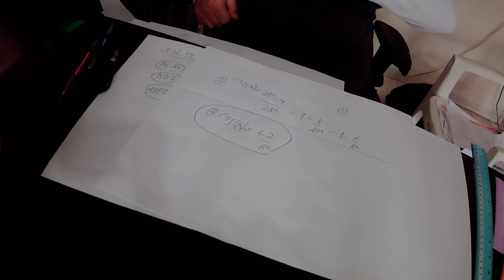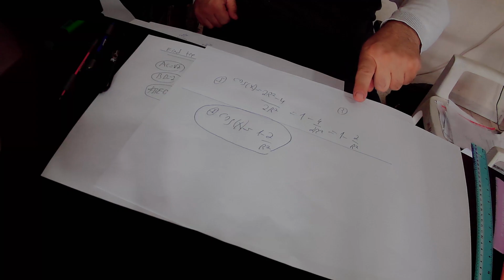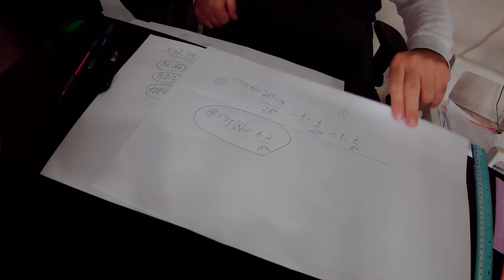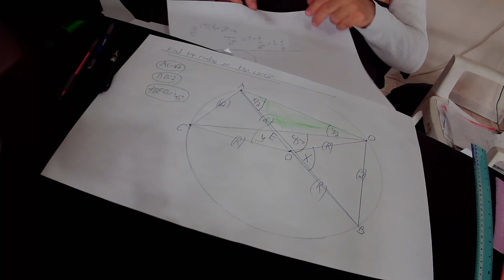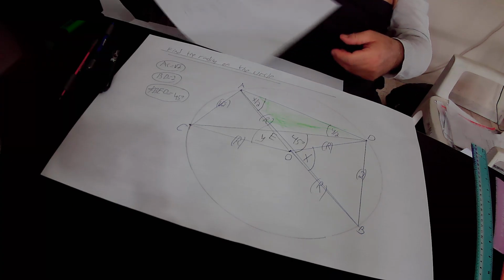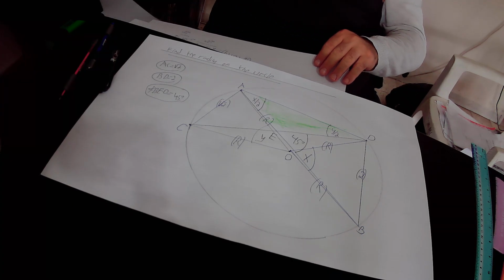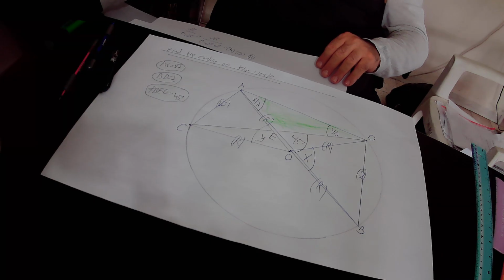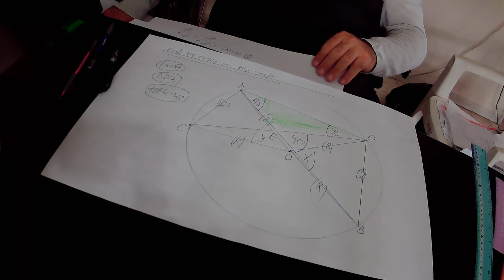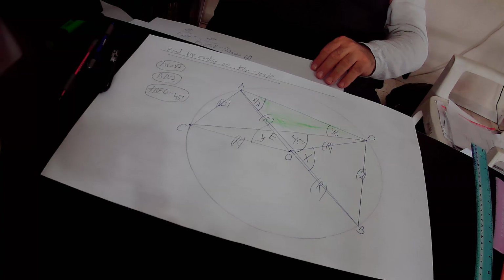So in conclusion, cosine x equals 1 minus 2 over r squared. This is equation 1.